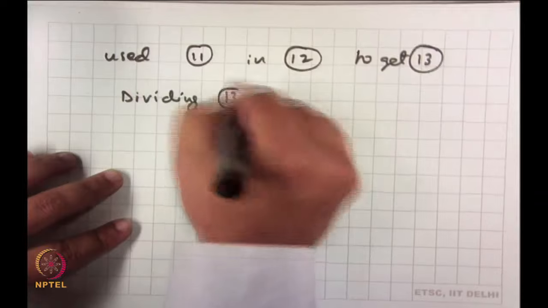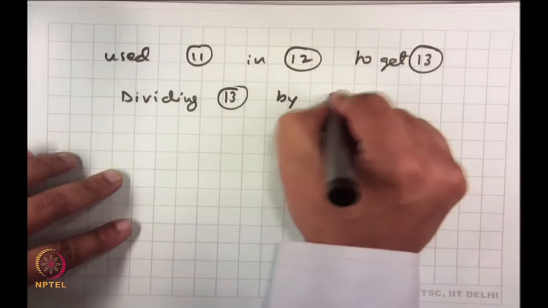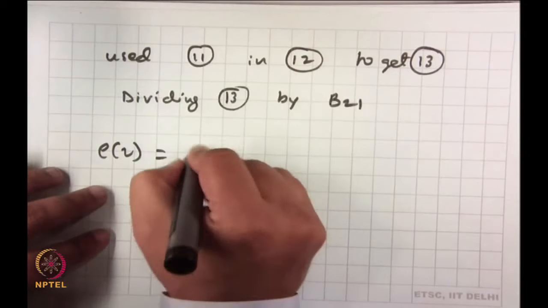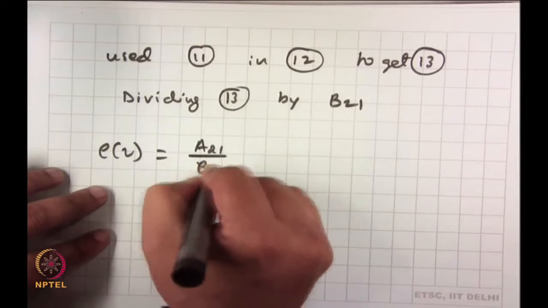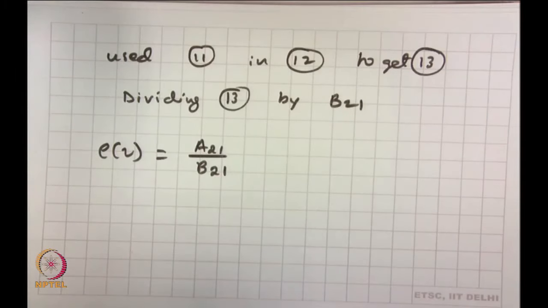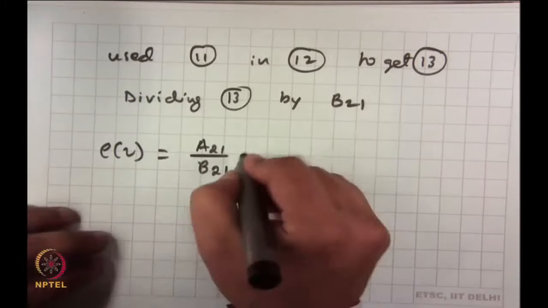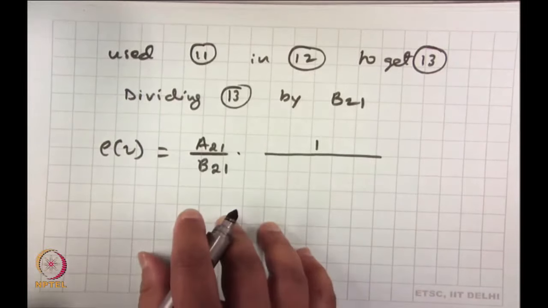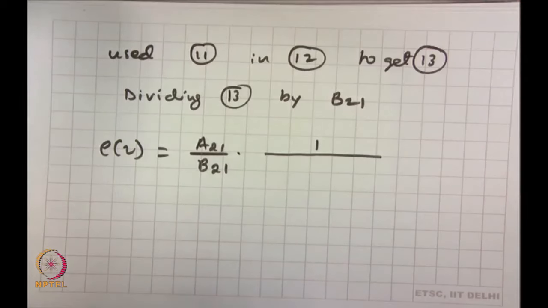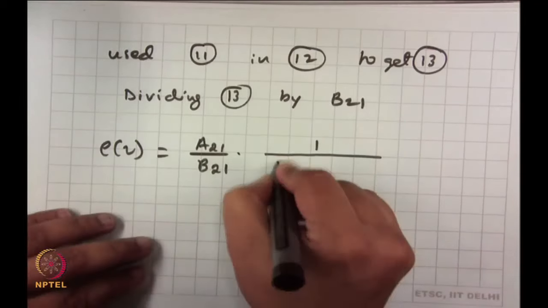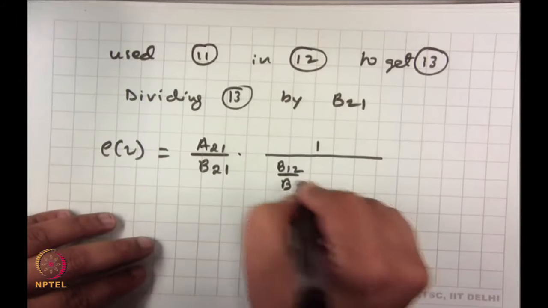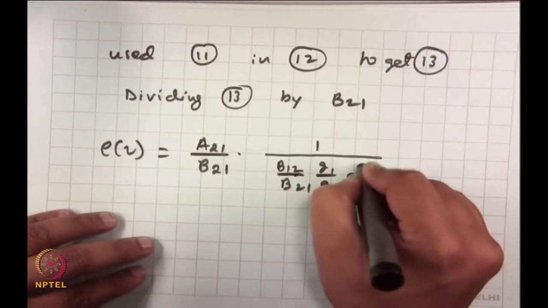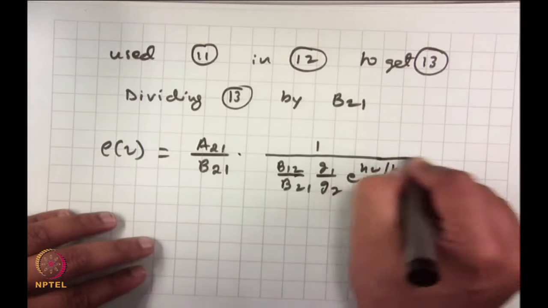Okay. So dividing 13 by B21, we get rho nu is equal to A21 over B21 because I have divided by B21, times 1 by, what should I be having here now? I should be having B12 over B21, right, then g1 over g2 e to the power h nu by kT minus 1.